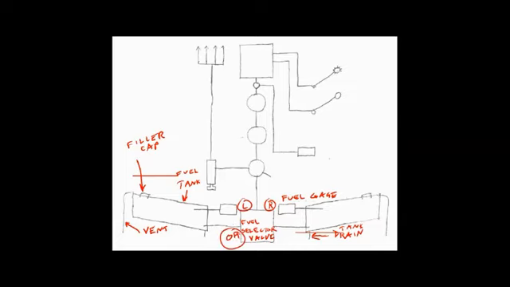There's 3 positions. You'll notice that this fuel pickup tube right here, it's not at the bottom of the tank. So as long as the fuel level comes down to here, we're still going to be able to get fuel. So effectively what that means is inside of here, this is unusable fuel.